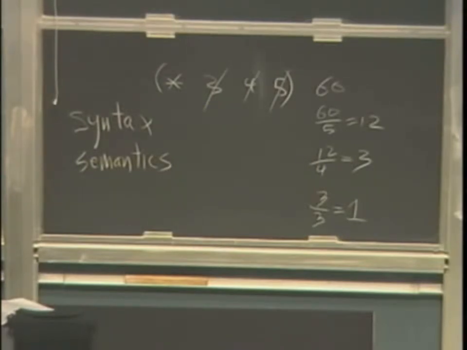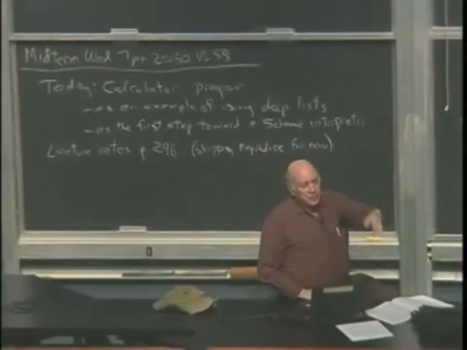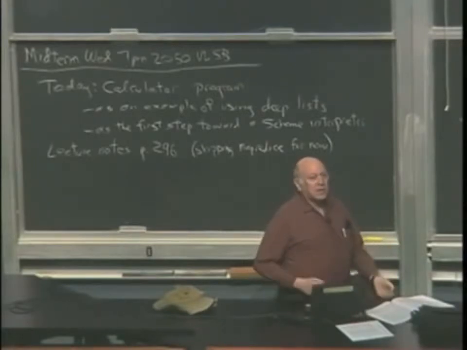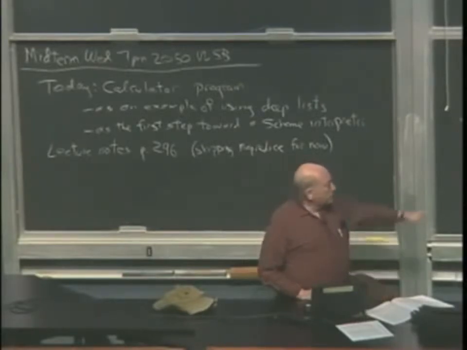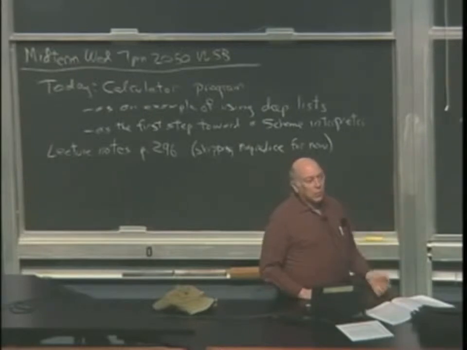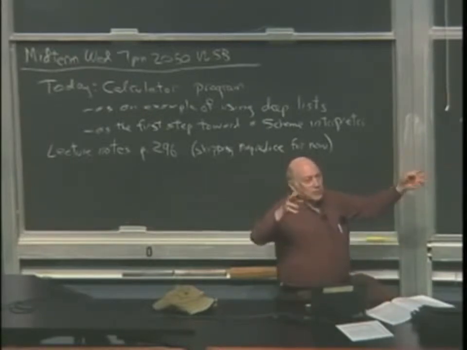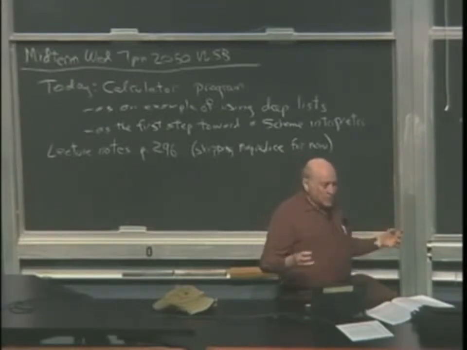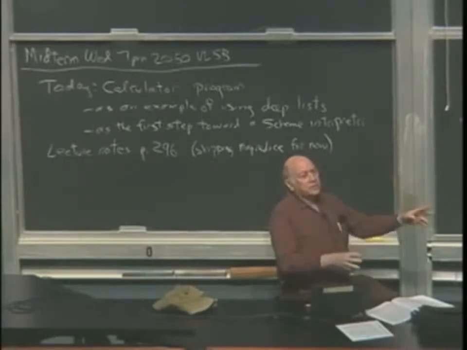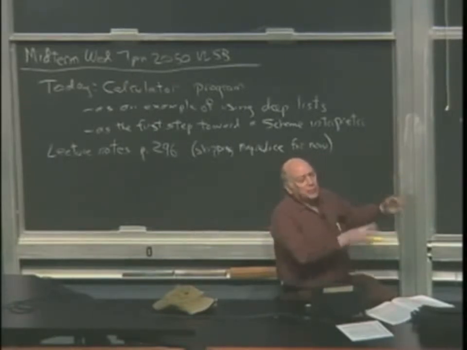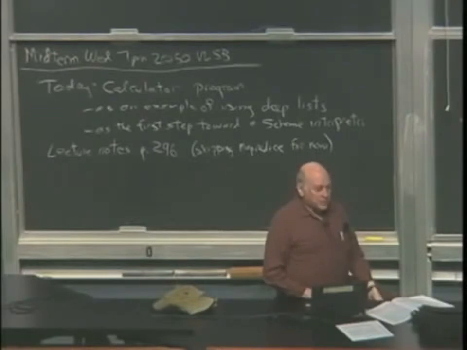So Scheme syntax is open parenthesis, procedure, argument, argument, argument, close parenthesis. That's what a function call looks like. Semantics is what that thing means. So open parenthesis, blah, blah, blah. What that means is call this procedure with these argument values after you've recursively evaluated the argument expressions. Okay?